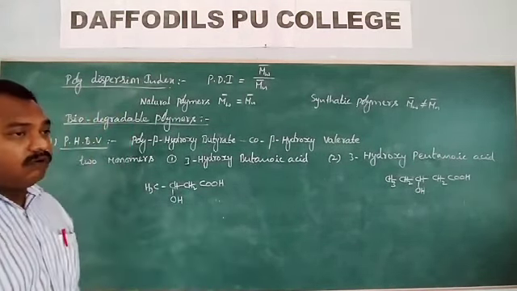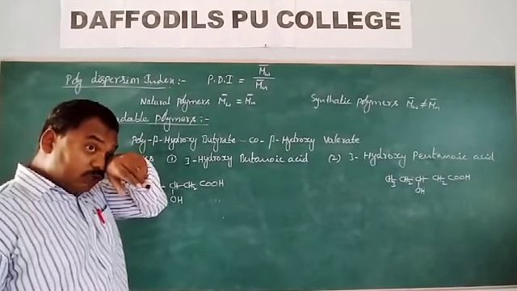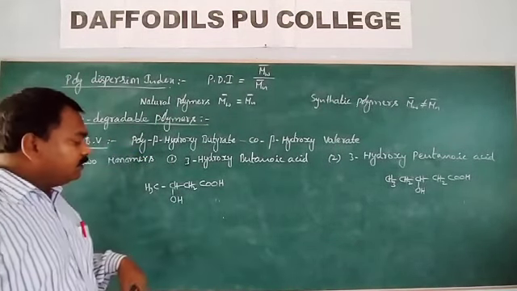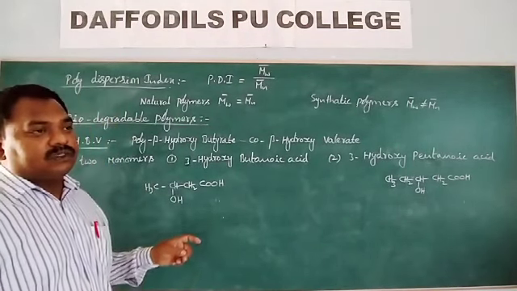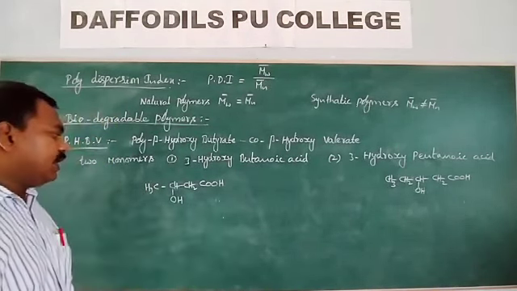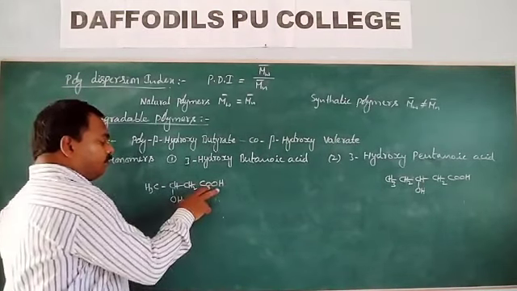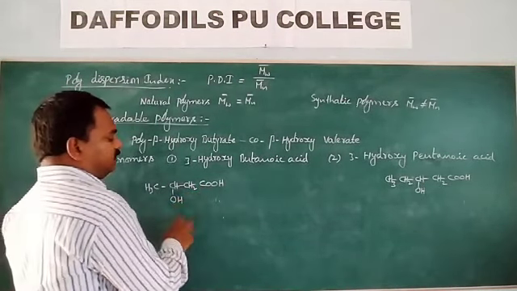So what is co-condensation polymerization? Copolymers are formed by the polymerization of monomers which contain two functional groups. This is one functional group, this is another.